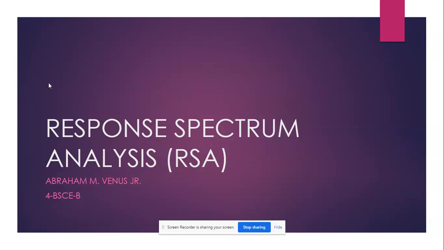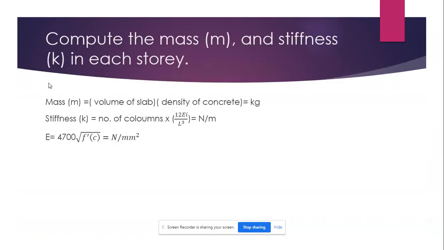We will perform the process on a 10-story building based on NSCP 2015. The first thing we do is compute the mass M and stiffness K in each story.